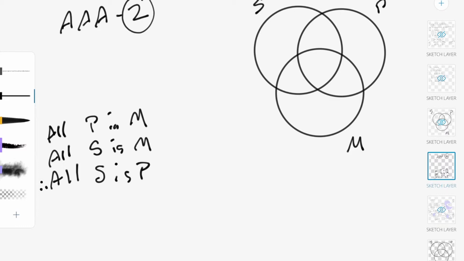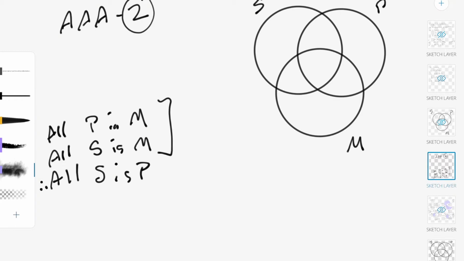All right, so notice that as in our first example, the major and minor premises are both universal, so that means that they're each going to require some shading. So if we were to draw diagrams for the major premise and the minor premise separately, we would see a standard diagram for an A, right? All P is M. The region of P outside of M would have to be shaded.